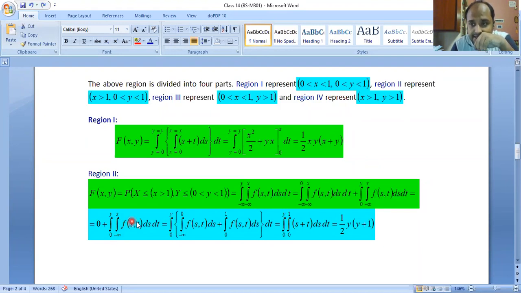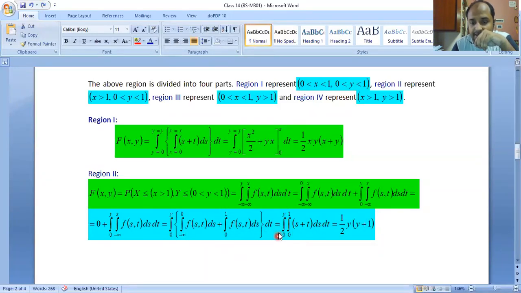Now the inner limit has been divided again into two halves with respect to x. So the limit of x is changing in this manner: minus infinity to 0 and 0 to 1. Minus infinity to 0 gives you 0, because the functional value in this region is 0. So we are left with the 0 to 1 part only.